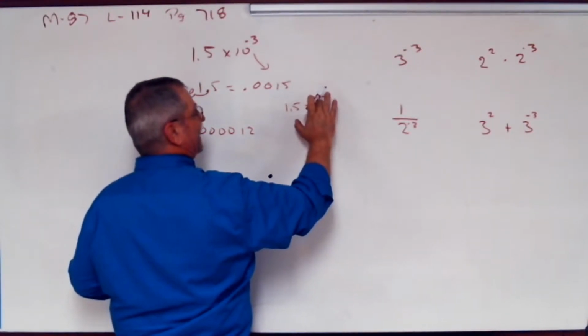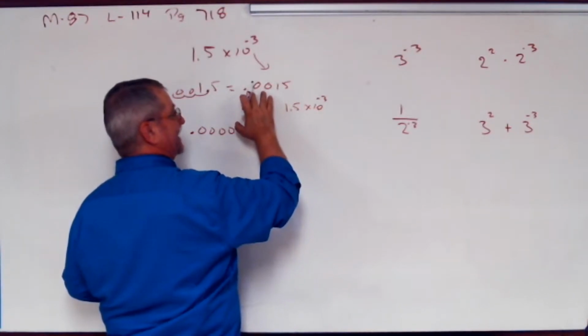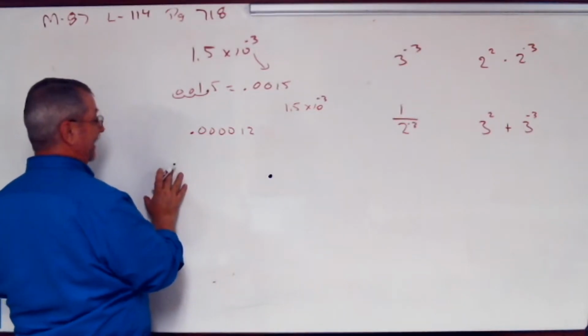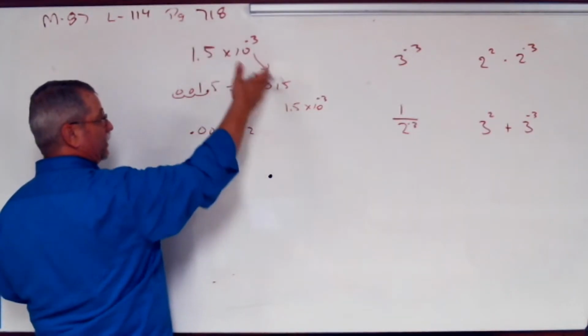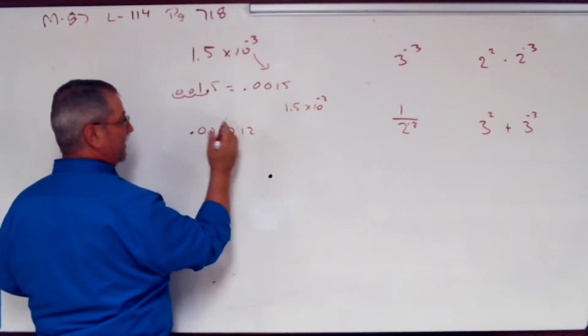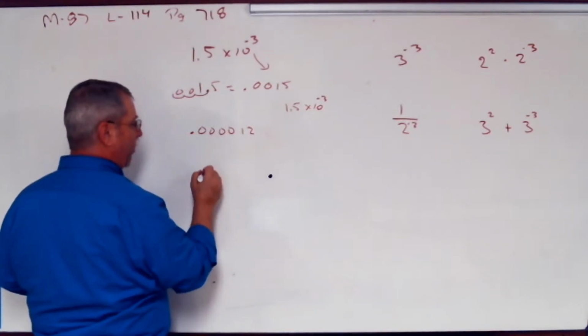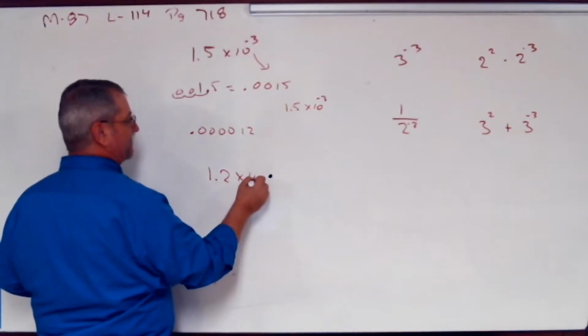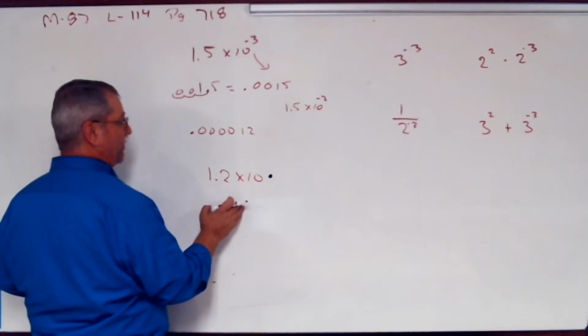If I have a negative exponent, I'm going to end up with a decimal. All right? Be very careful about thinking right and left on this because you get confused because you do two different things. This one here, I'm going to take the decimal and put it right there. I want one number, decimal point, and whatever I have left, times 10, and how far did I move it?